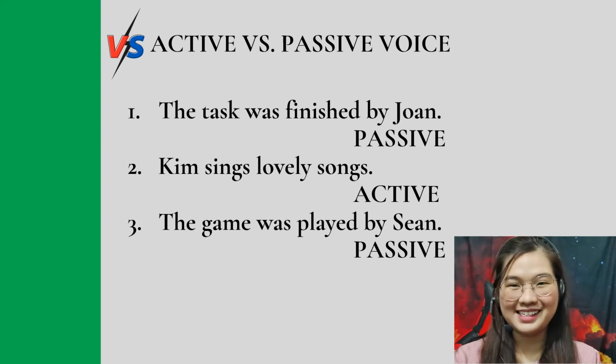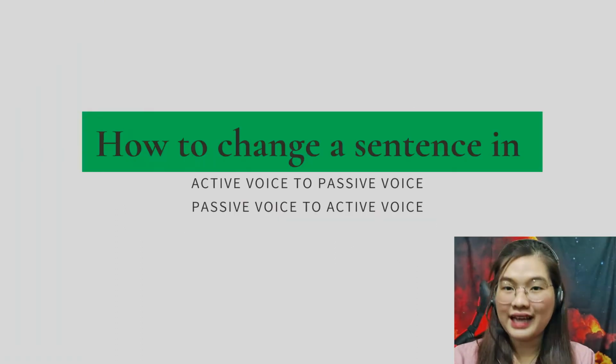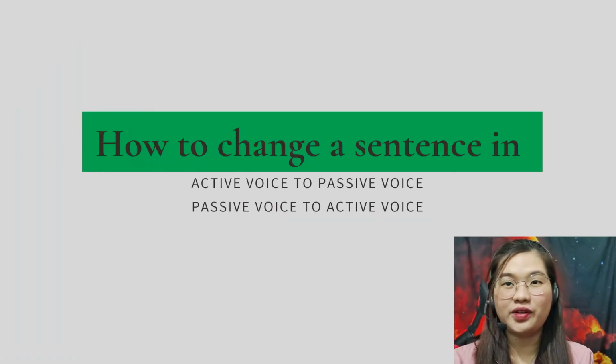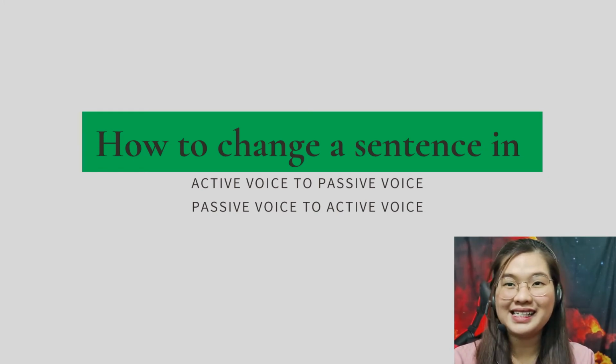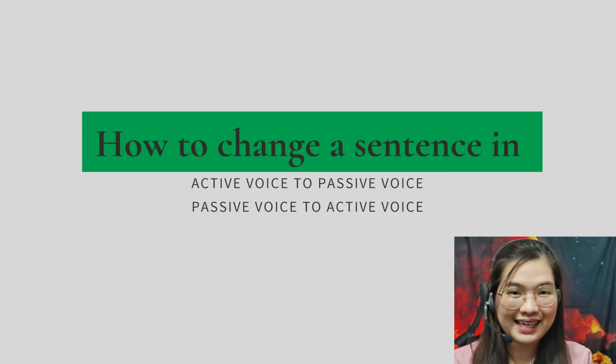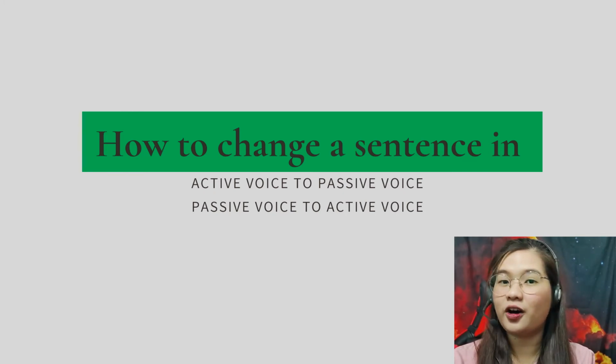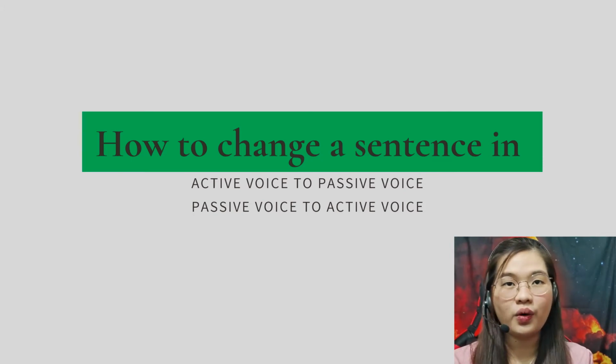Here are the answers. Now that you all know the difference between active and passive voice, let us now transform active voice to passive voice and vice versa. But remember, changing the sentence is only possible if there is an object in the sentence. What do we mean by object again? It answers the question who or what.